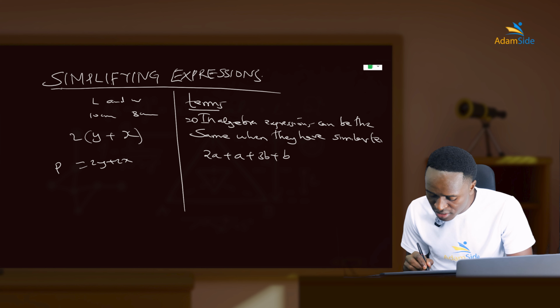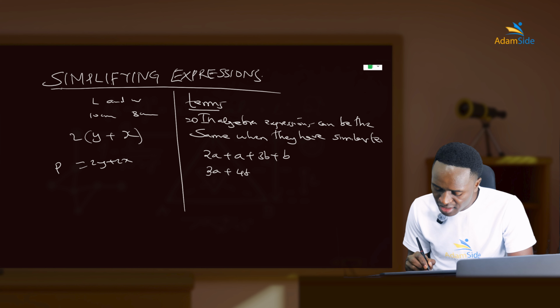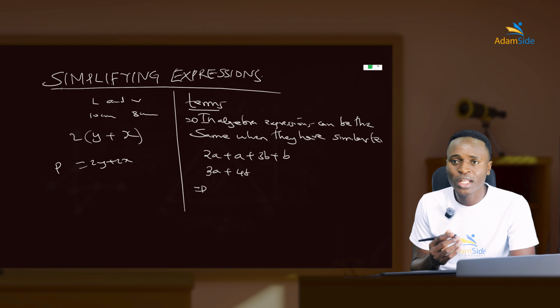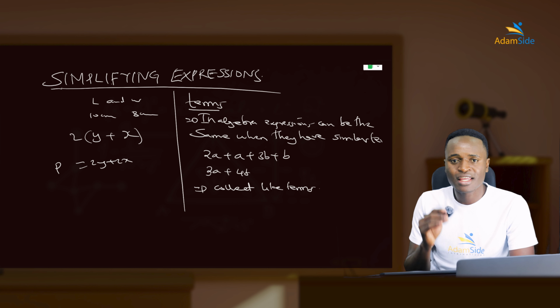So 2a plus a is 3a, plus 4b. For us to simplify this, we need to know how to collect like terms. Like terms have the same variable.